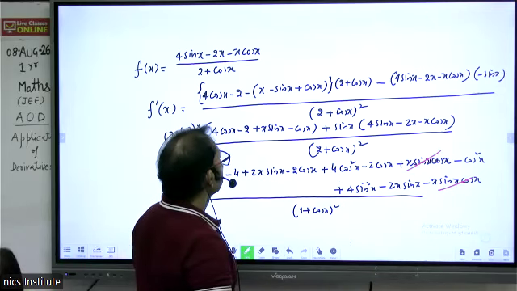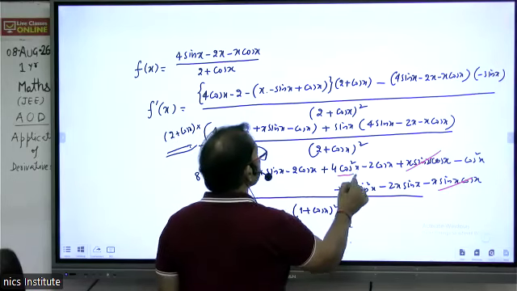Then 4 sin square x, 4 cos square x add up gives you 4.